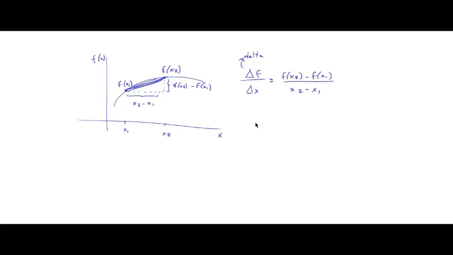But it's clear that if instead of choosing x2 and x1, we choose a different point, for instance x3, between x2 and x1, the slope is going to be different. The change between one and the other is going to be different. So in math, what we want to study is the rate of change at this particular point, x1.